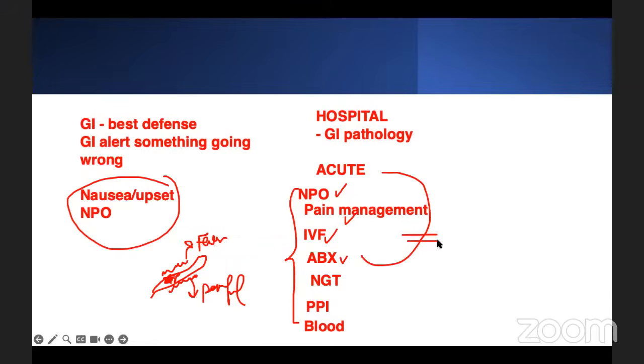They are common. And then depending on the situation, you get an NG tube or you get a PPI or blood. Some people say just put a PPI, that's fine. NPO, pain management, IV fluid, antibiotic, and PPI. Depends if it's part of the choice, but not everybody needs a PPI. But that's the key aspect of it.